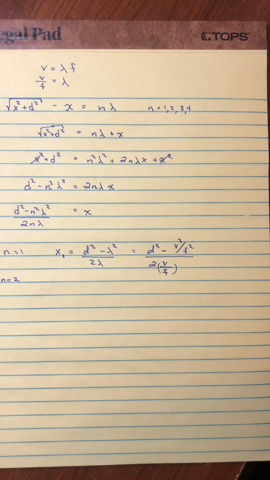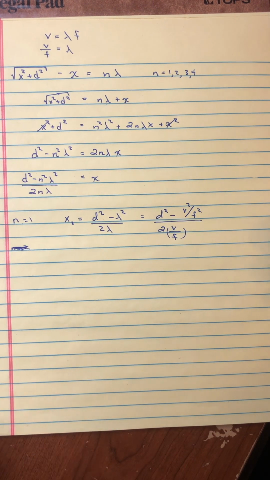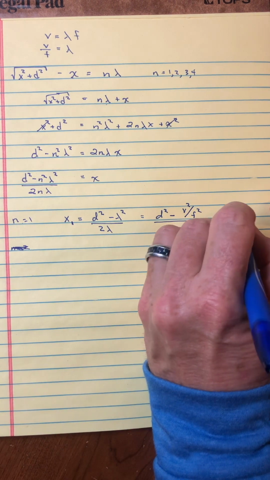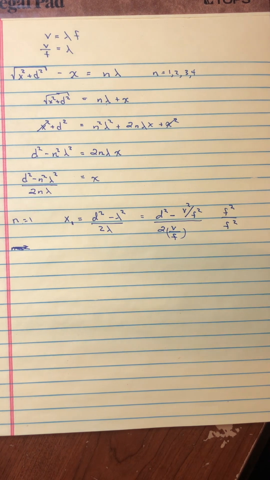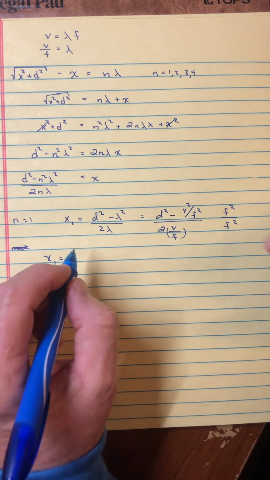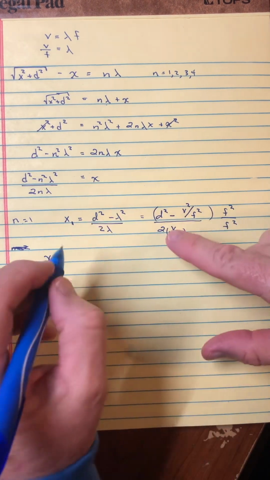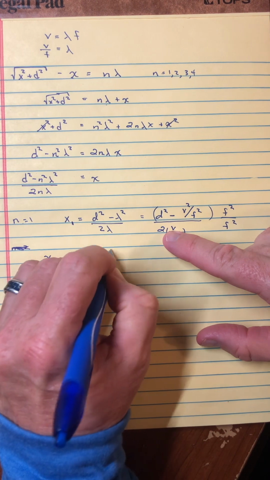And I suppose we could even go further and simplify this. So maybe I will. I could multiply top and bottom by frequency squared, so I don't have these compound fractions. And so x1 would be, let's see, across the top I would have the d squared f squared minus v squared.